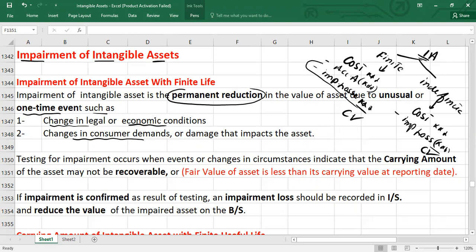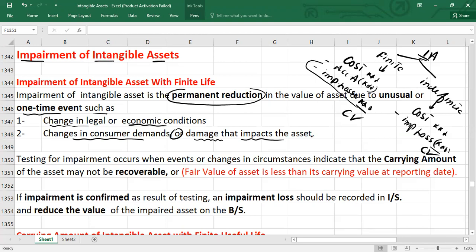Maybe you are using this asset to produce a certain product for the consumer, and due to a change in demand, taste or fashion, your asset is no longer worth as much as before. Or maybe there is certain damage that impacts the asset. So it's a kind of permanent reduction.